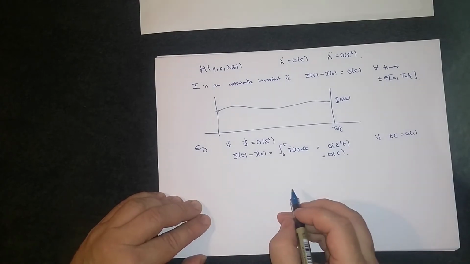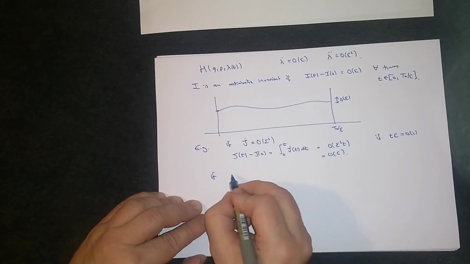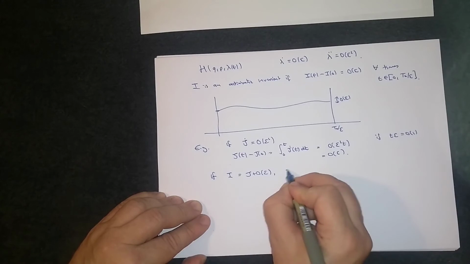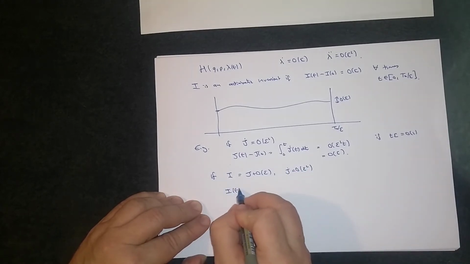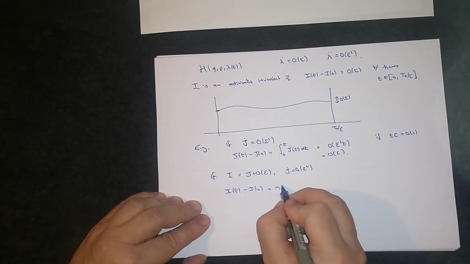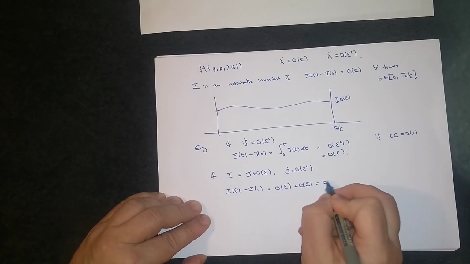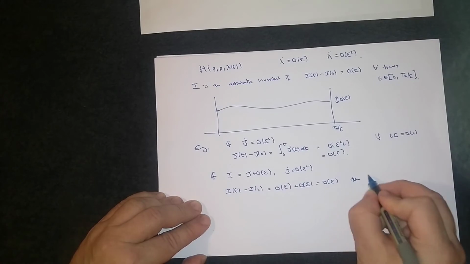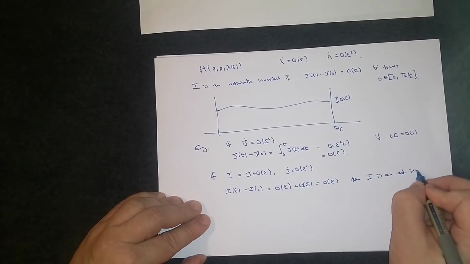However, most adiabatic invariants do not obey this. If I were j plus order epsilon, and j dot is order epsilon squared, then you can see that I at time t minus I at time 0 would be order epsilon from there, plus order epsilon, which of course is just order epsilon. Then I is an adiabatic invariant.